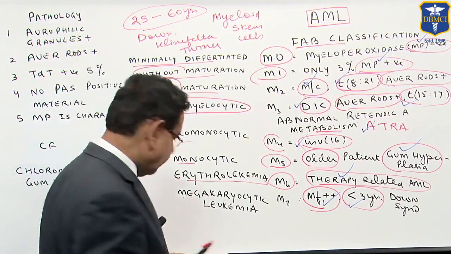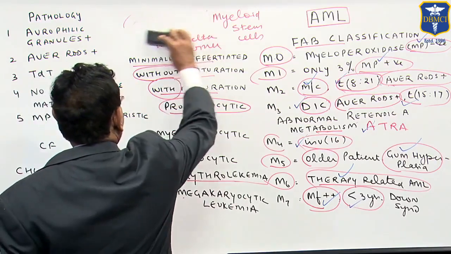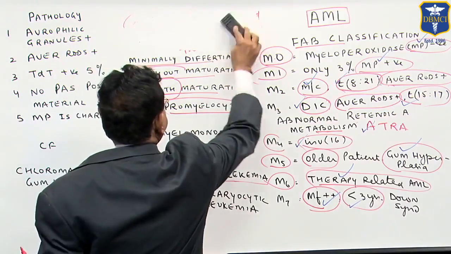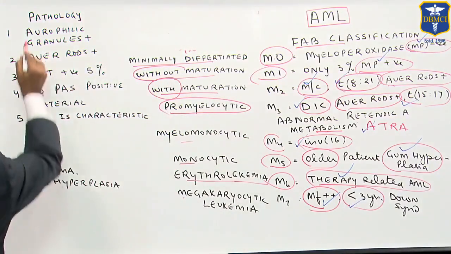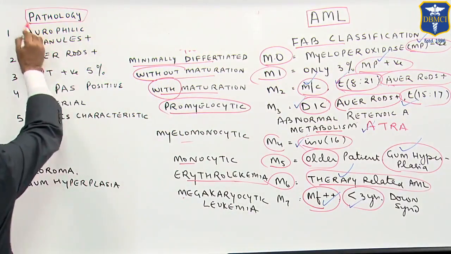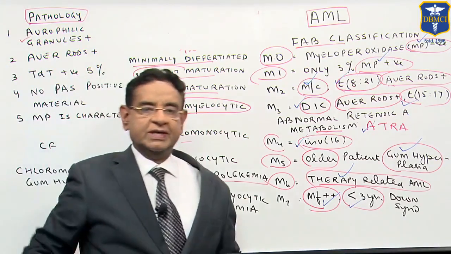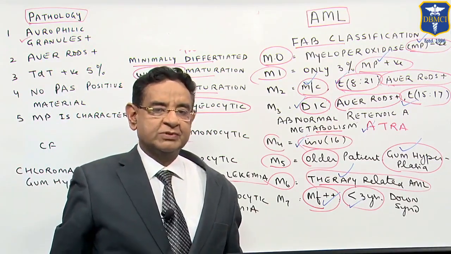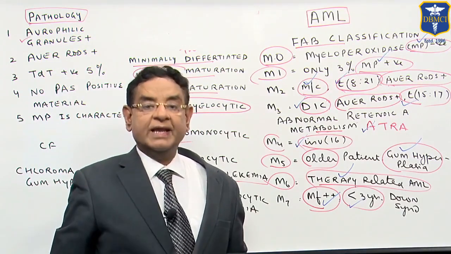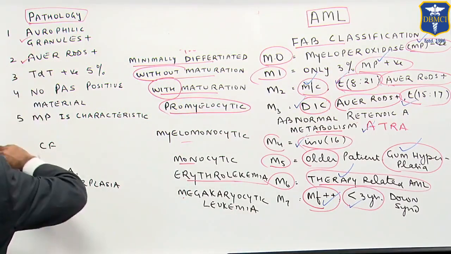Well, we have seen the classification of AML, and now we talk about the important points in the pathology that you should know. In the peripheral smear, you get eosinophilic granules in AML. Just for your recall, eosinophilic granules are not there in ALL. Auer rods are present.